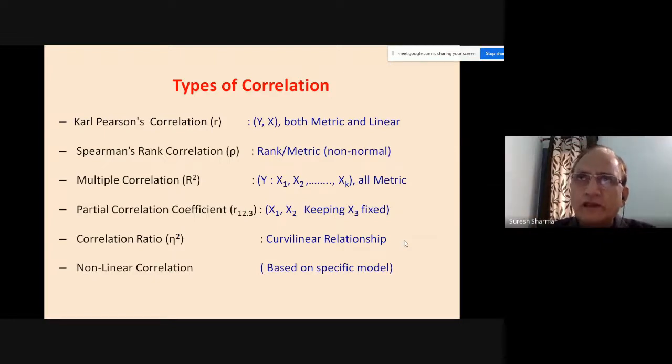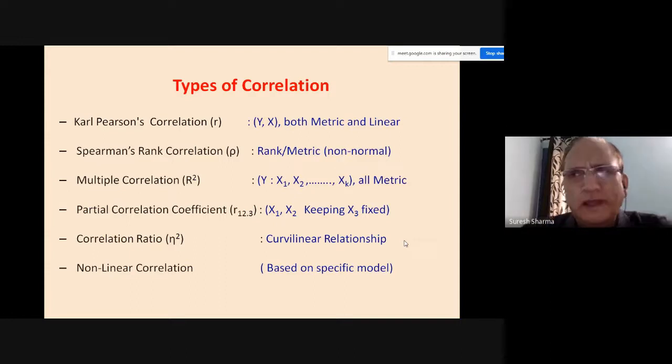If you increase the value of one, the other is decreasing. This is what we mean by negative. And if the value of r is coming out to be positive, like 0.6 or 0.5 or 0.7, then you will say that correlation is positive. Positive stands for that if value of one variable is increasing, the other variable is also increasing. This is what we mean by positive correlation.